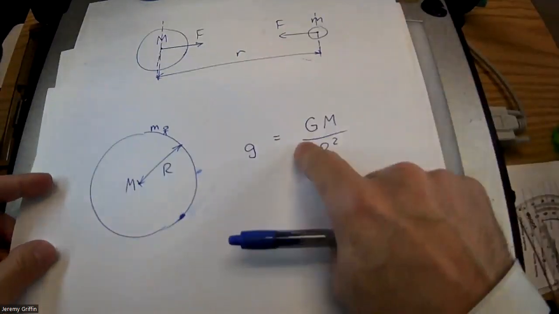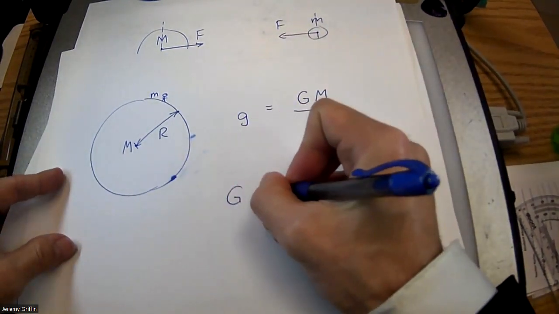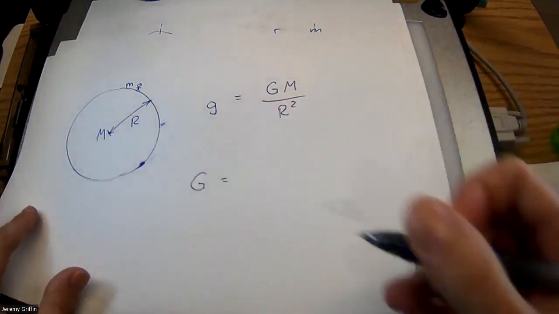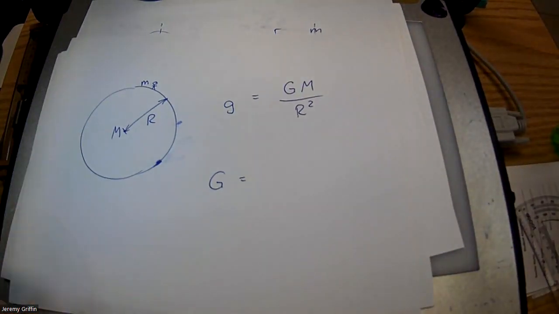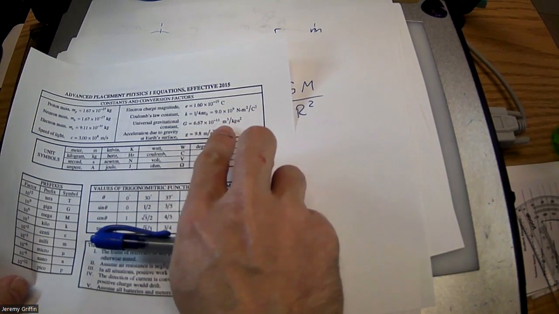All right. Here, guys, what is capital G? There you go. Universal gravitational constant. I wouldn't expect you to memorize this, but do they actually have it listed here? They do. They have it listed right here: 6.67 times 10 to the negative 11.